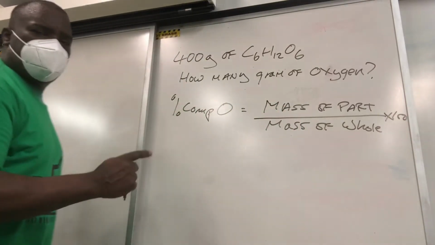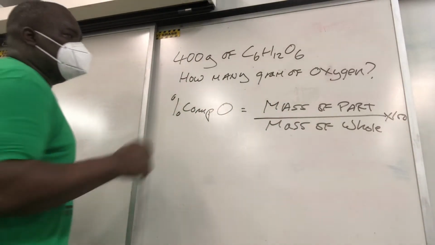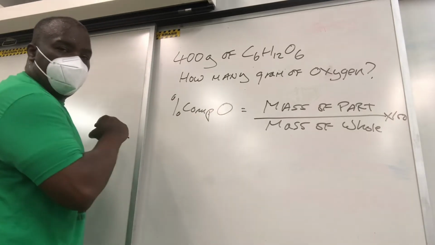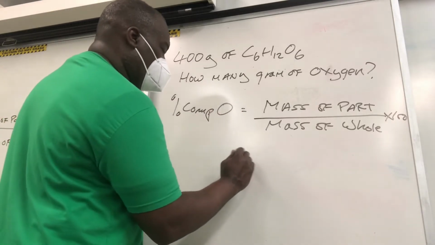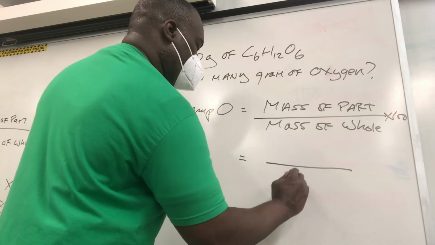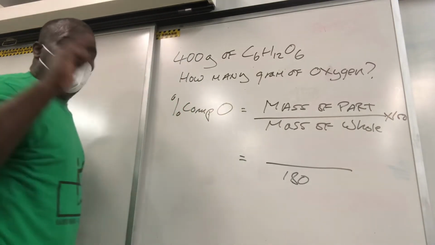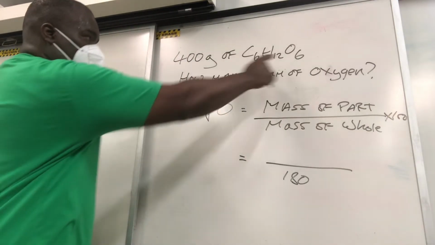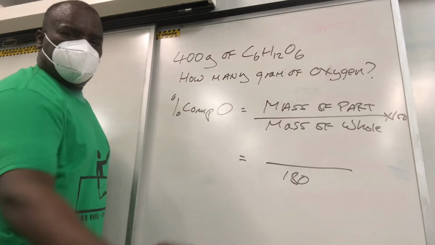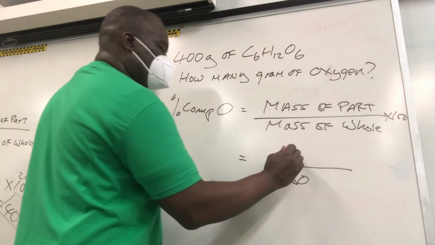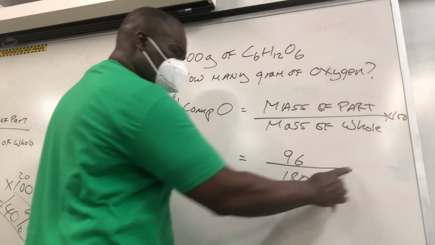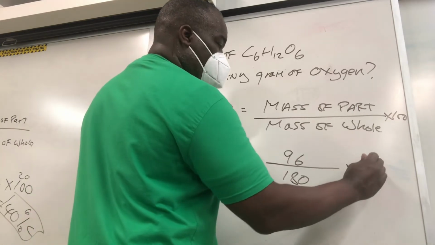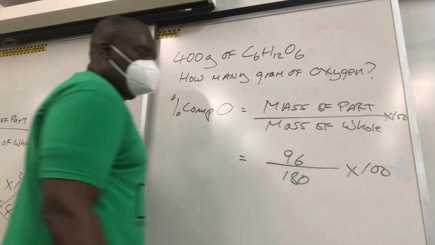This is our standard equation from Table T. We know from previously that the mass of the whole is 180. We have 6 oxygens, and 6 times 16 is 96. That goes on top, and we multiply that by 100.